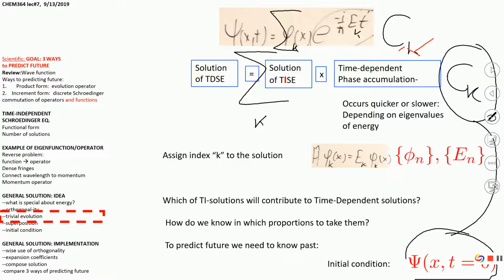And each term, which we can label with index k, consists of the solution of the time-independent Schrödinger equation, which is phi sub k, the accumulation of phase in the complex plane, which includes the eigenenergy of the Schrödinger equation, and then an unknown coefficient. It is an arbitrary coefficient if you want to brag and say, oh, I can solve the equation generally. But if you want to match a specific initial condition, we need to find the value of this C sub k.